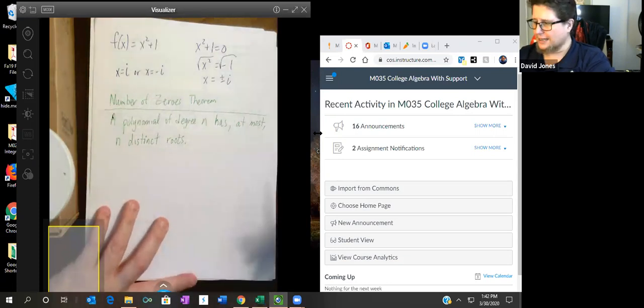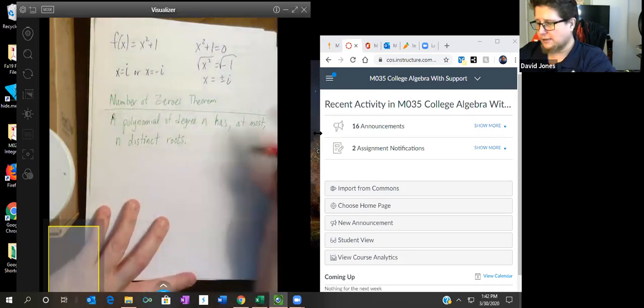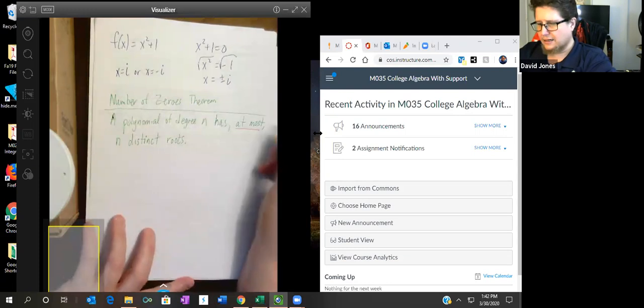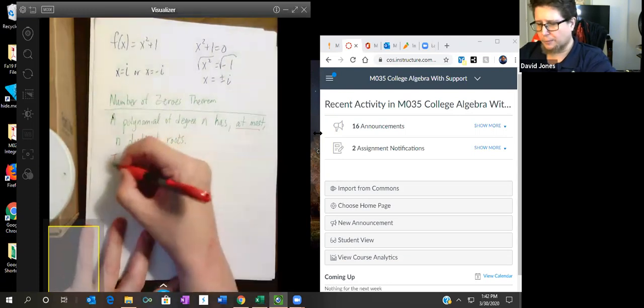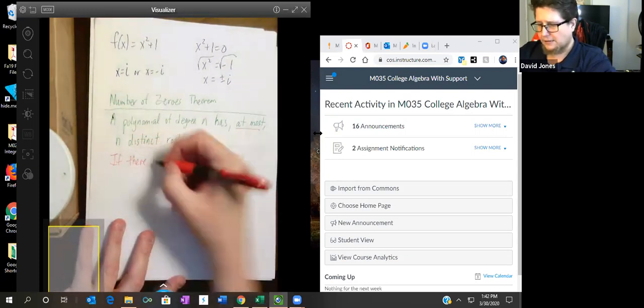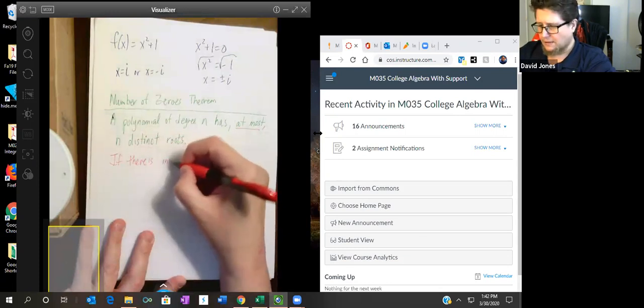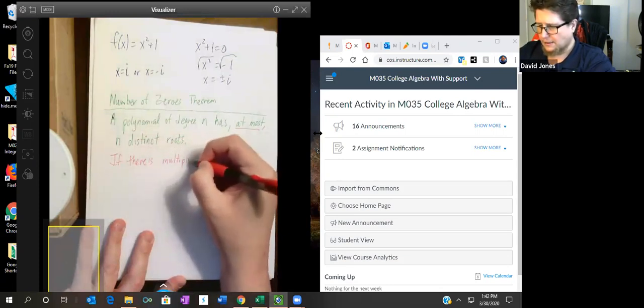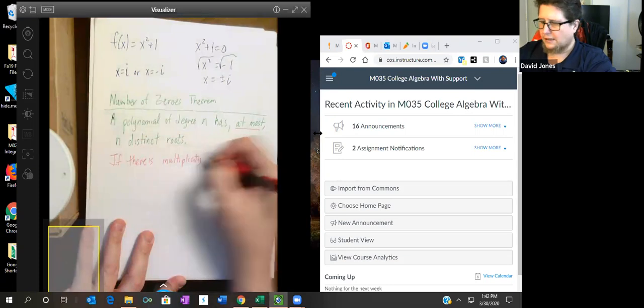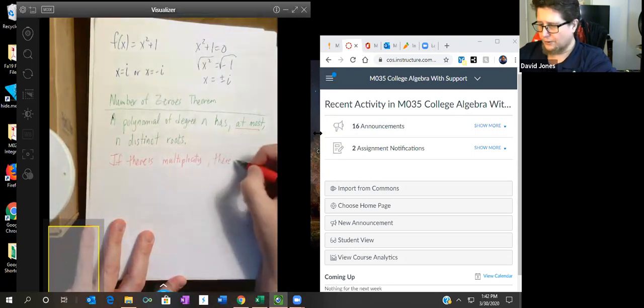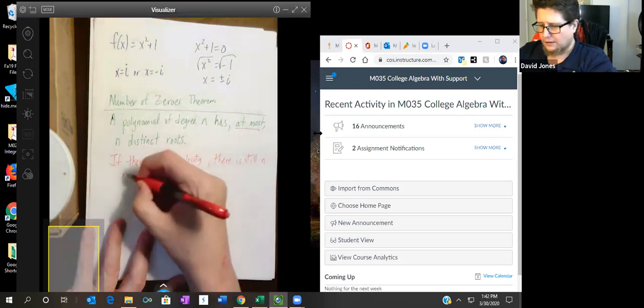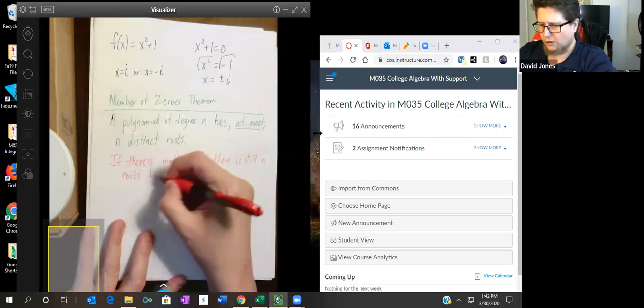The reason why they say at most is if there's multiplicity, there's still n roots, but they aren't all distinct.